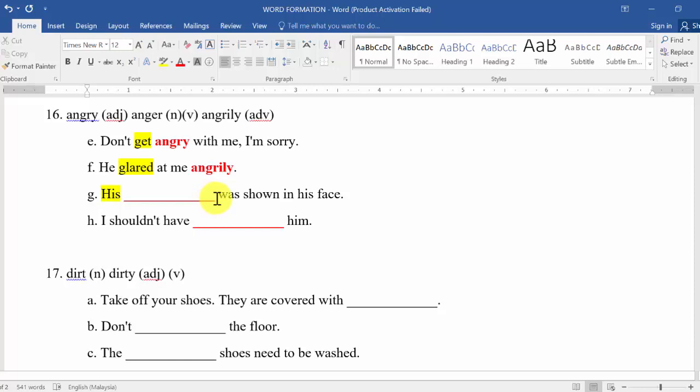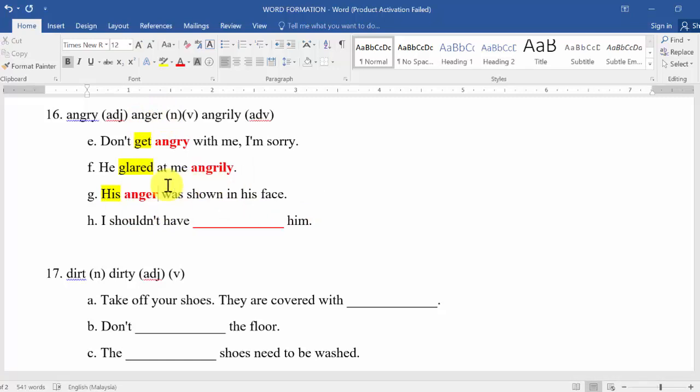My book, his pen, his mother. After these possessive pronouns, the next word should be a noun. So your answer should be anger. His anger was shown in his face. His emotion, anger, can be seen from his face.